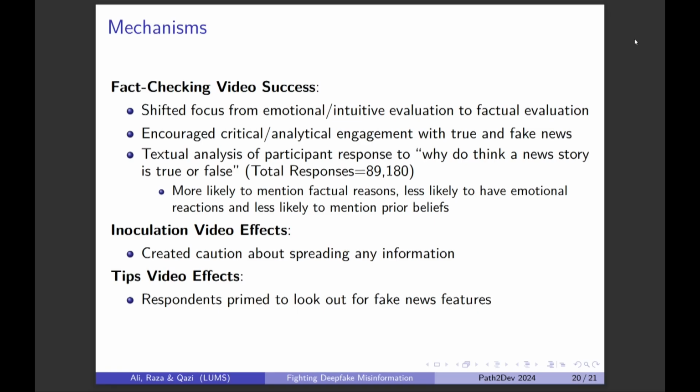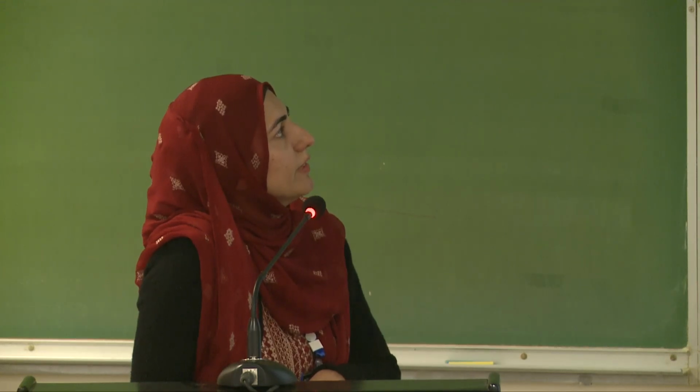One of the findings which is emerging is that people in T4 are more likely to mention factual reasons, less likely to have emotional reactions, and less likely to mention prior beliefs. That leads us to think that this video is actually shifting attention from emotional or intuitive evaluation to factual evaluation.